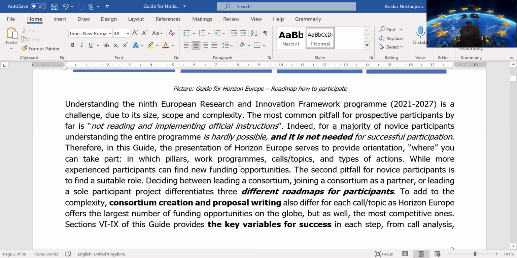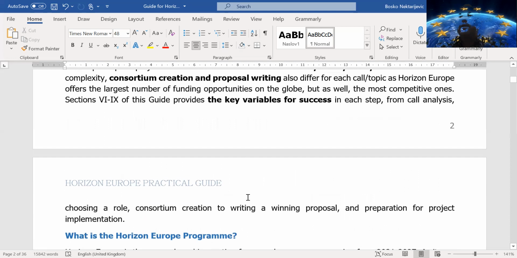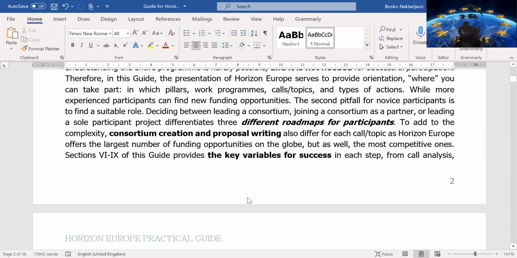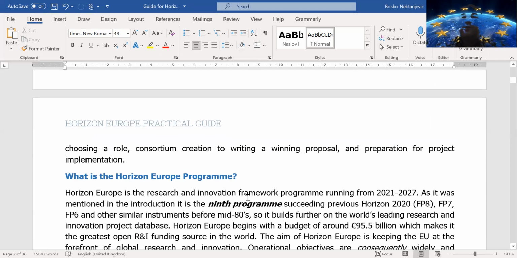So we will address and put more light on those key variables for success in each step, from call analysis to choosing a role, then consortium creation, writing a winning proposal, and preparation for project implementation.